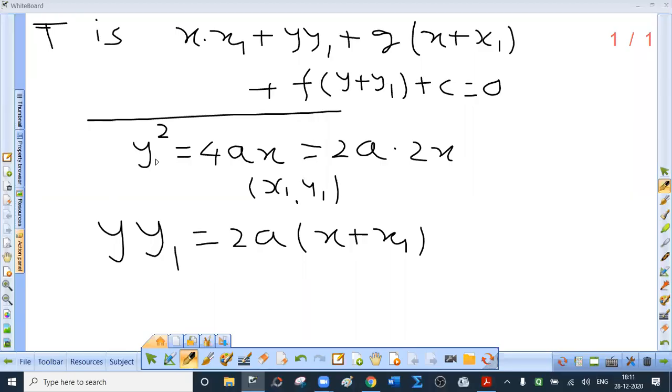Yes, I write this as y square equal to 2a into 2x. How to get the equation of tangent? Replace y square by yy1, 2x by x plus x1. Keep the constant term as it is. So this is the equation of tangent to the parabola at a point (x1, y1) on the parabola.